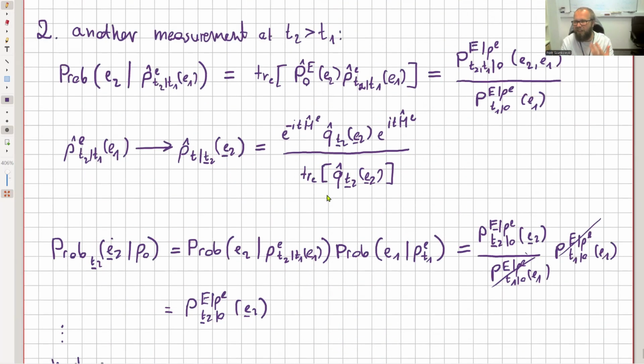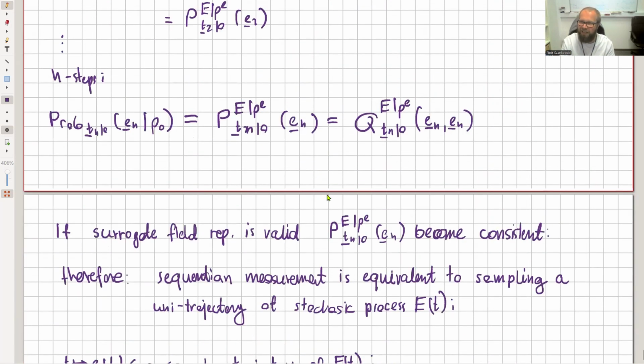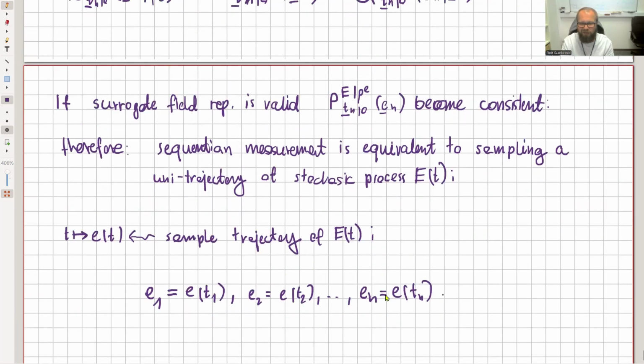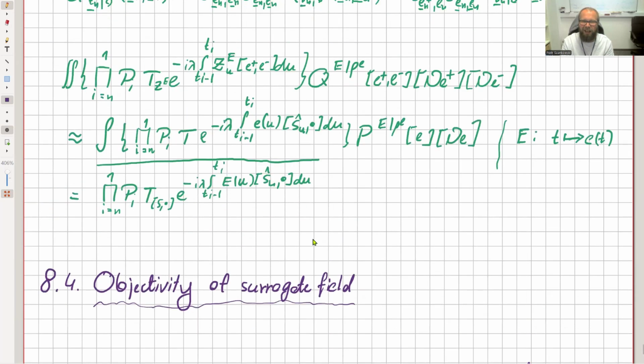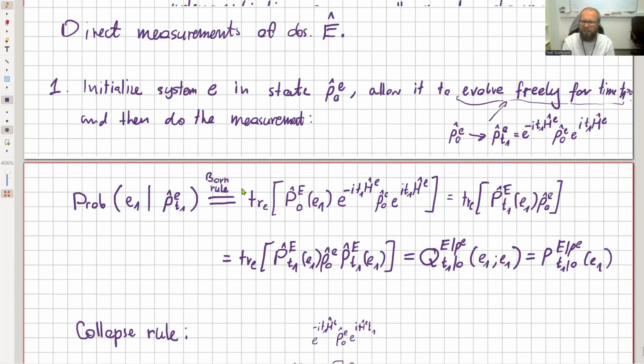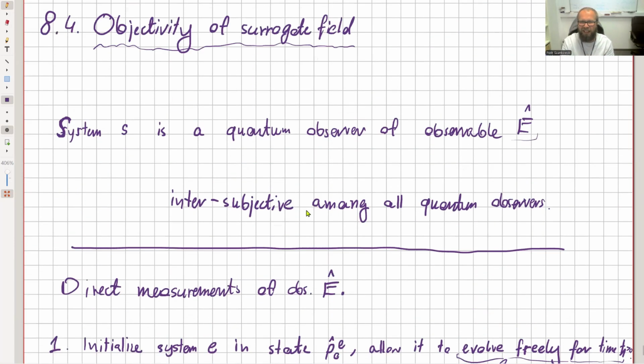So for all intents and purposes that you can imagine, the things we measure as classical observers are actually the same trajectories that are driving the quantum system as coupled to this observable. So indeed the intersubjectivity extends beyond quantum observers.